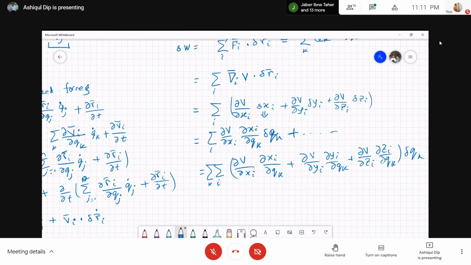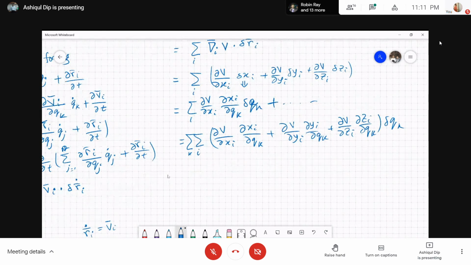So do you see what is delta vi by delta xi by delta qk plus this thing? What is this thing? Yes, delta v by delta qk, if you expand that by chain rule, that is basically delta v over delta xi by delta qk plus delta v by delta yi by delta qk, and obviously we have a sum over i.